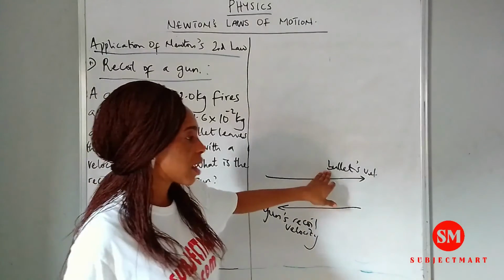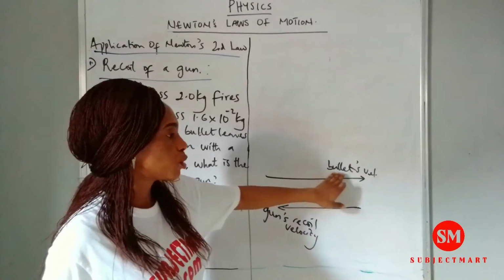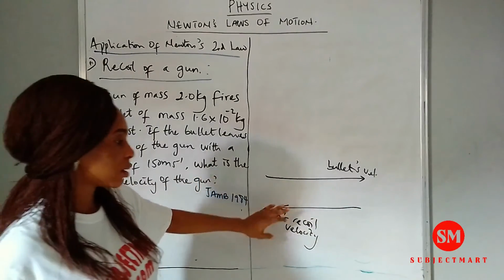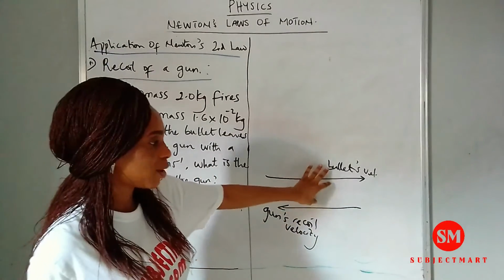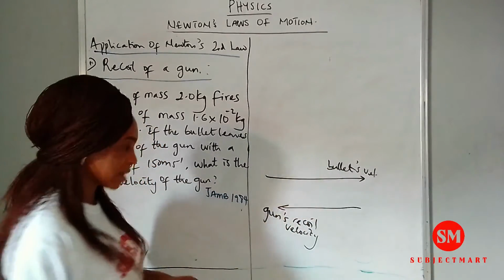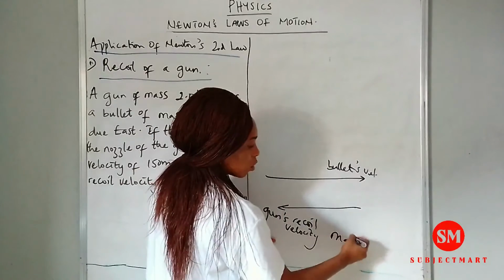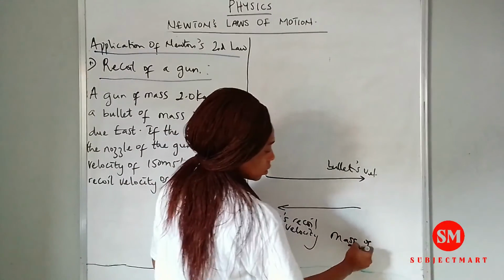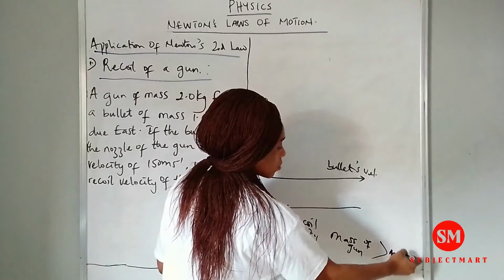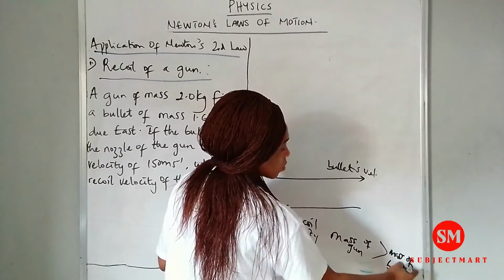Now, the kinetic energy and the velocity of the bullet are greater than those of the gun, while the mass of the gun is greater than that of the bullet.